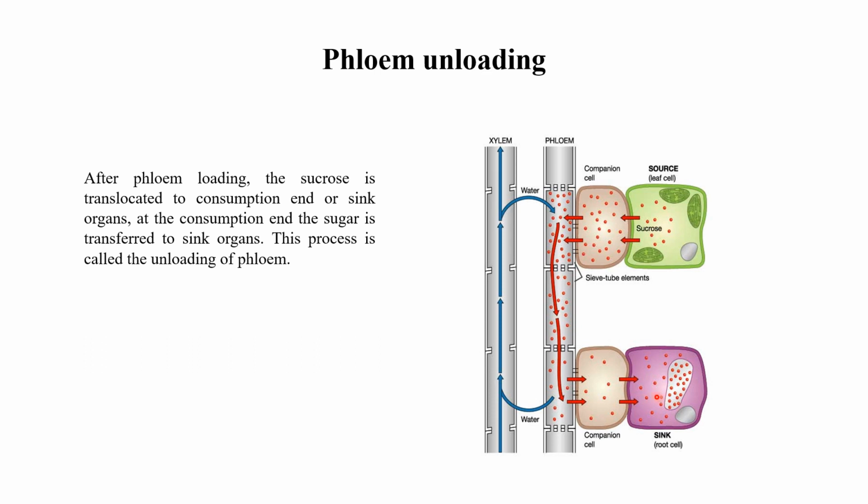It may take place either symplastically or apoplastically. So this is the process of unloading of sucrose from the phloem sieve tubes to the sink end, that is the root cells or shoot cells, etc., which require the food material. These are all about the phloem loading and unloading.